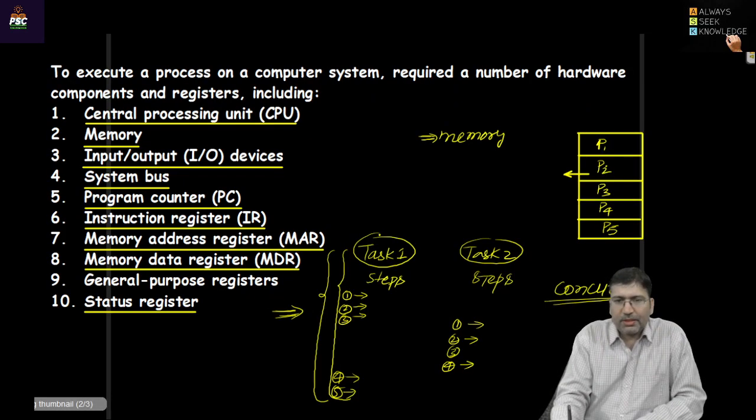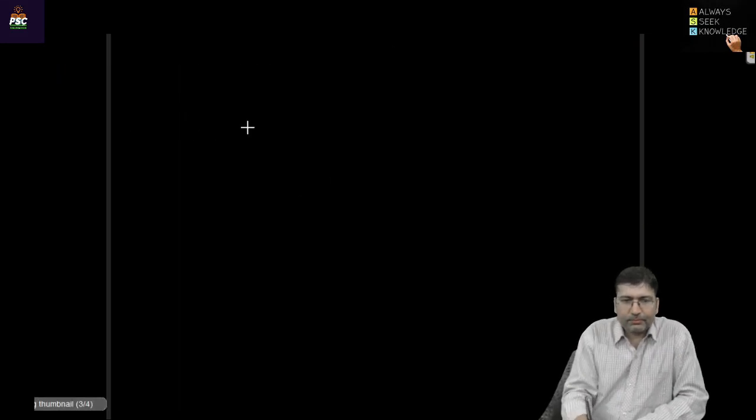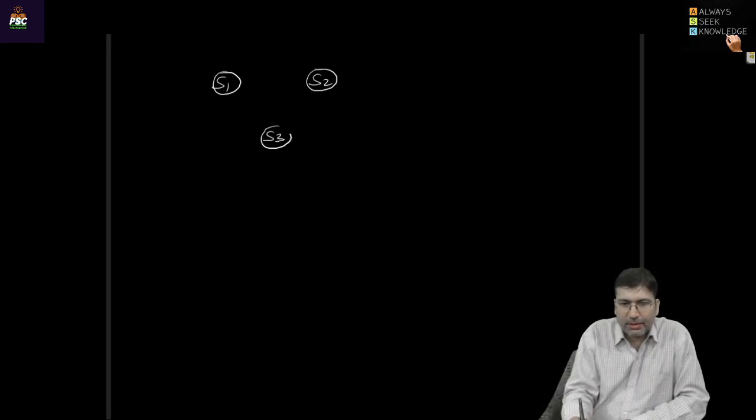So let's look at the precedence graph. If I consider the previous example, in the previous example S1 was independent of any other statement and S2 was also independent. But based on S1 statement and S2 statement, we were calculating S3. So let's say S3 is dependent on S1 and S3 is also dependent on S2, right?